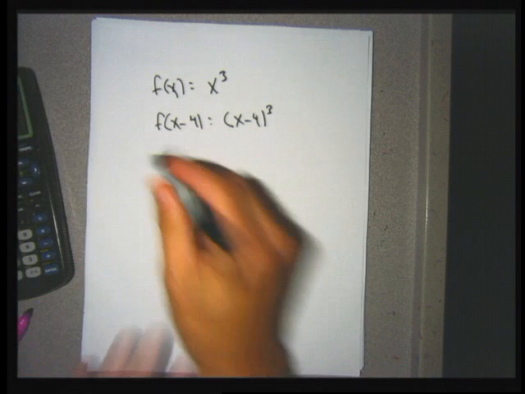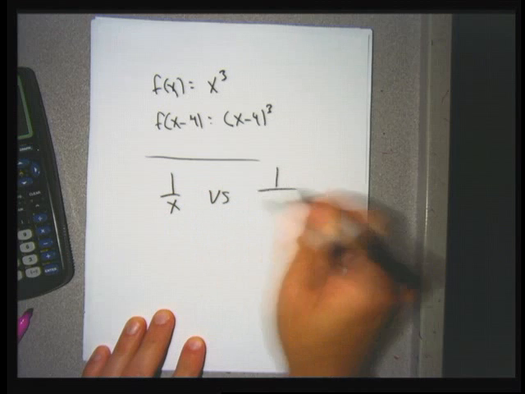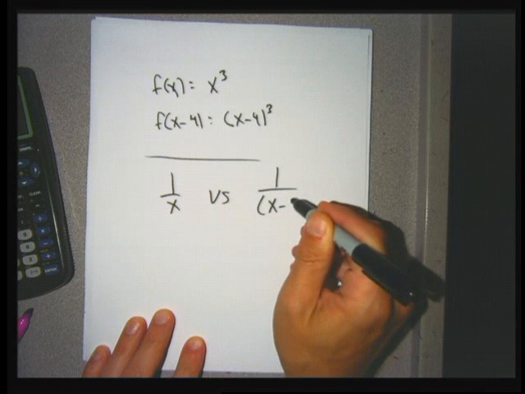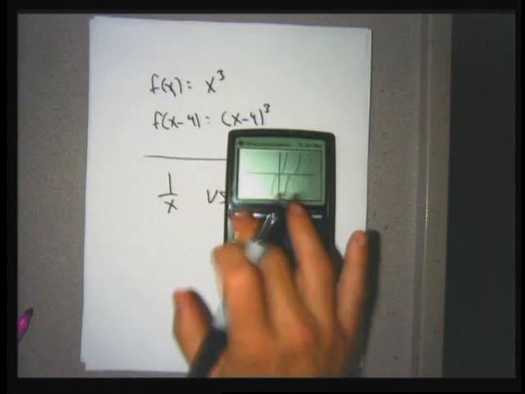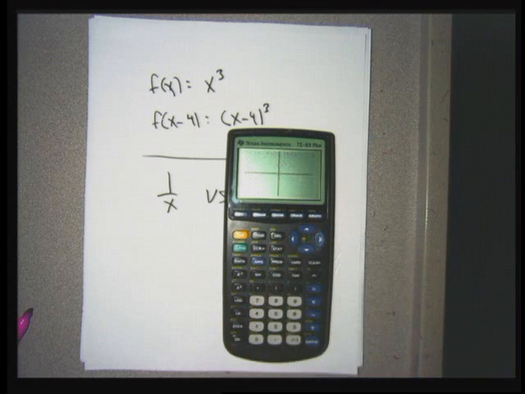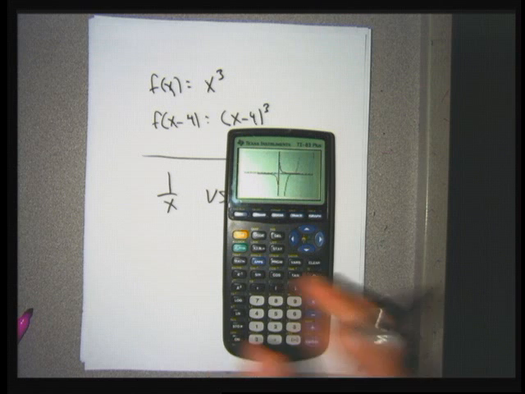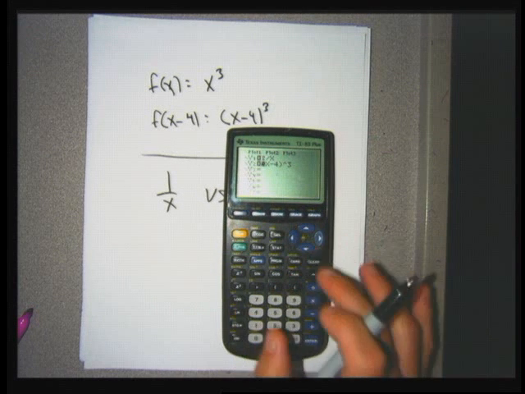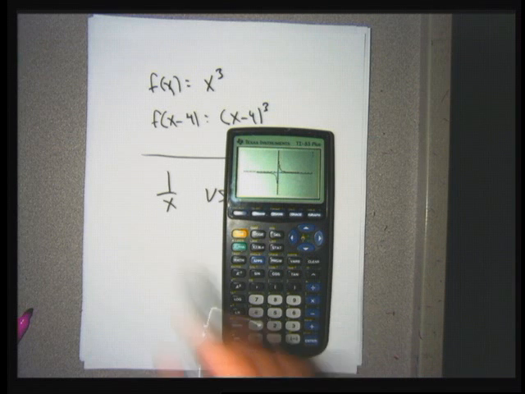Or even if I did something like this, if I compared 1 over x versus 1 over x minus 5. This is going to be hard to see, but if I graphed 1 over x, which is your nice, oh, I have the other graph on there still, we're going to need to clear this out of here, which looks like this.